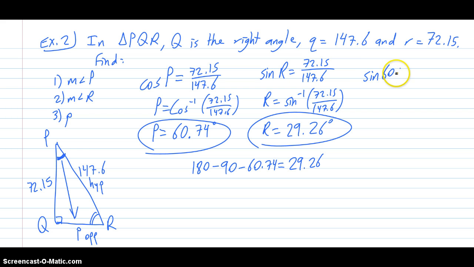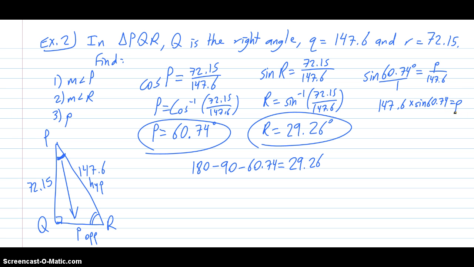So the sine of 60.74 degrees, because I'm going from P, equals the opposite side over the hypotenuse. This time you can put this over 1 and do a little cross multiplication. So it's 147.6 times the sine of 60.74, and that'll equal whatever P is.